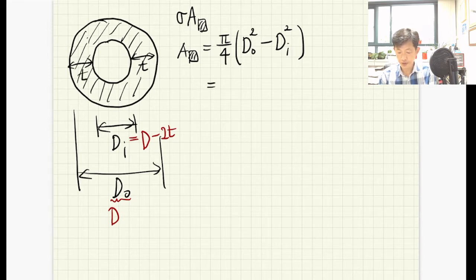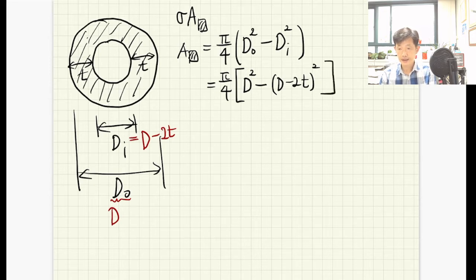So let's rewrite this equation using this reference diameter. Then I have the square, because now I'm taking the outer diameter as the reference one. In practice, typically we use the outer diameter as the reference one, okay? And then minus (D minus 2t) square.